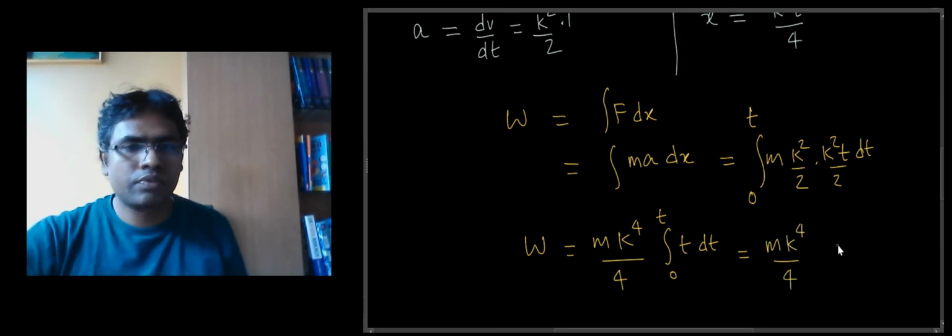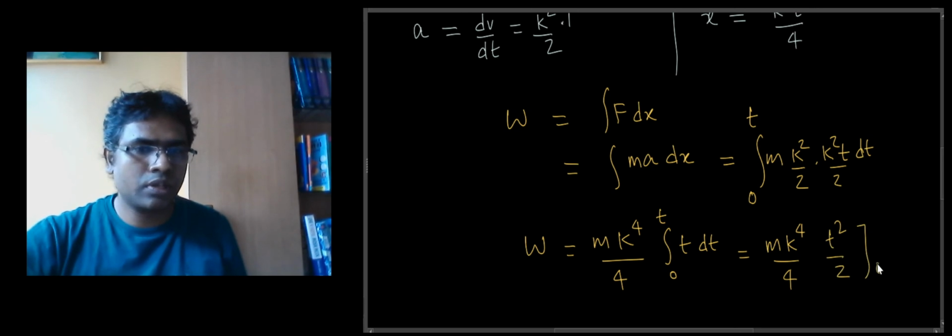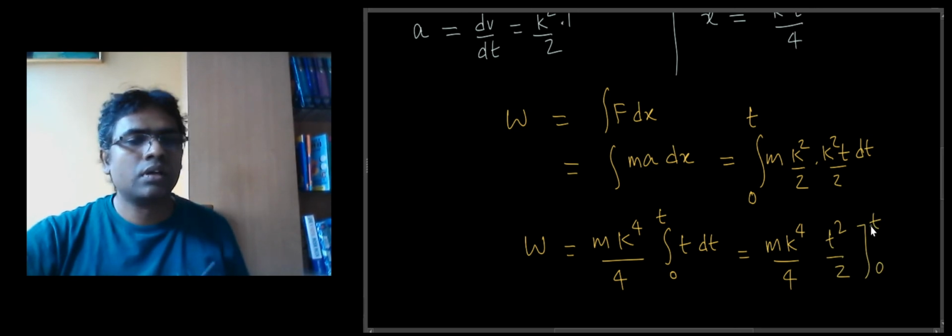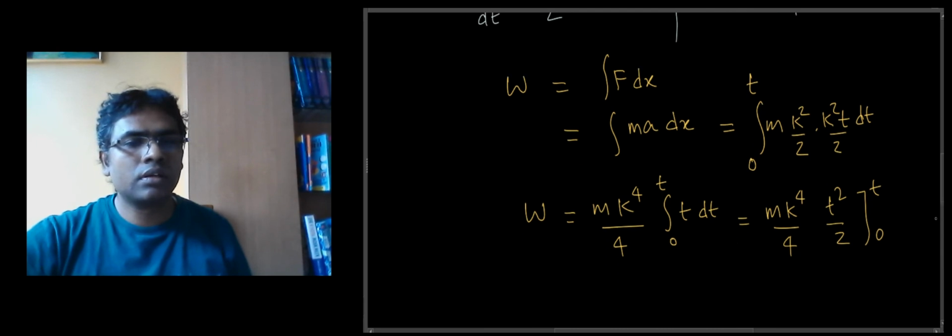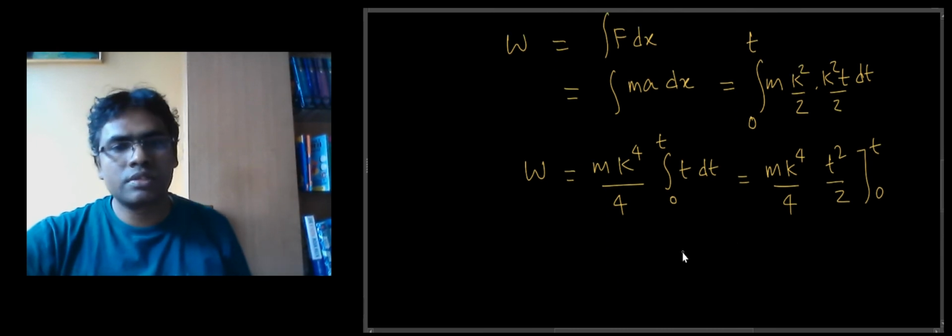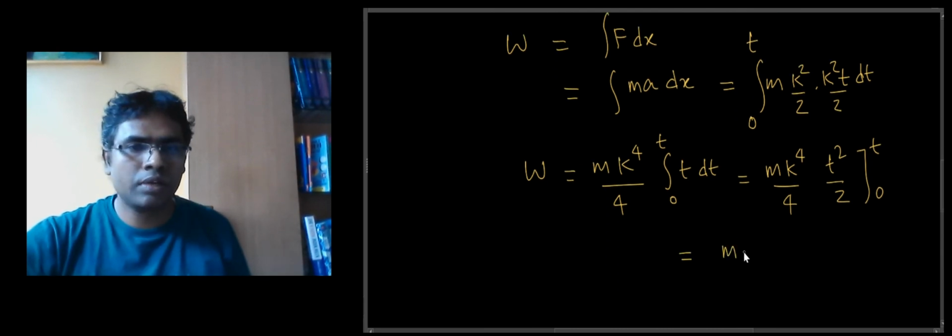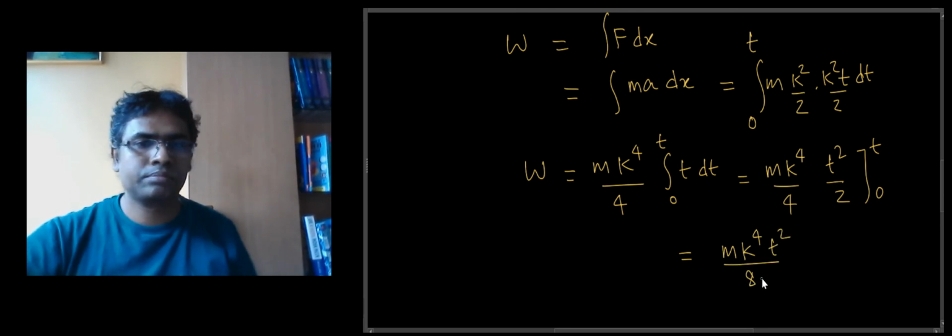So this is simply t square over 2, and then if you substitute the limits, the work done by all the forces here will be m k to the power 4 t square upon 8.